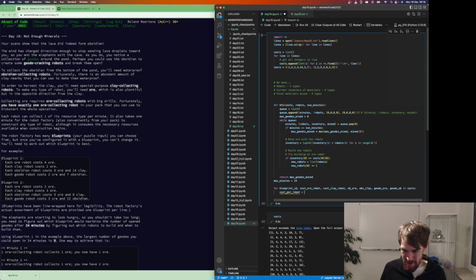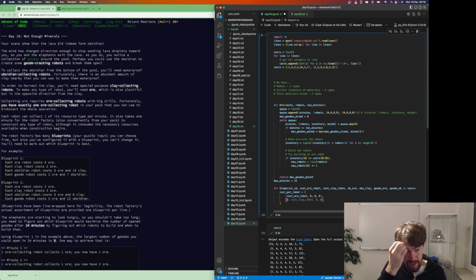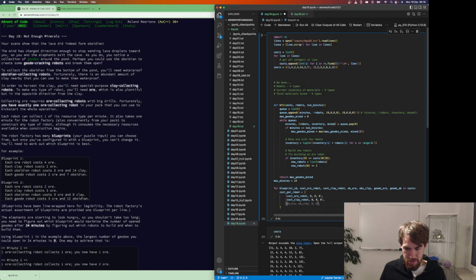So then cost per robot is, we make a list with the cost: ore robots 0, 0, 0. The clay robot also costs ore, costs clay robots. The obsidian robot costs ore and clay.